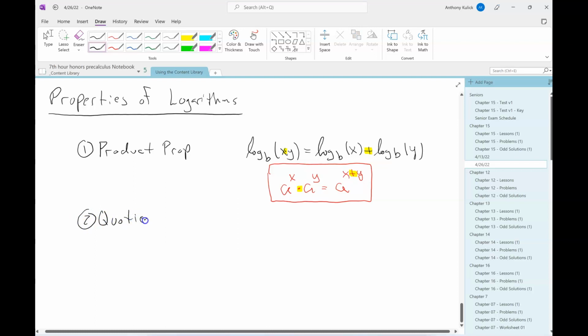Next up is the quotient property. So here we have log base b of x over y equals log base b of x minus log base b of y. So division inside the logarithm turns into subtraction outside the logarithm.